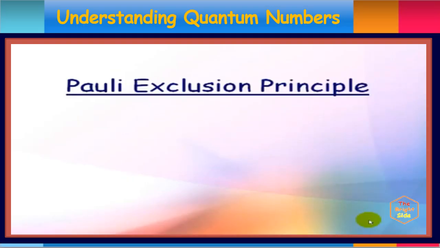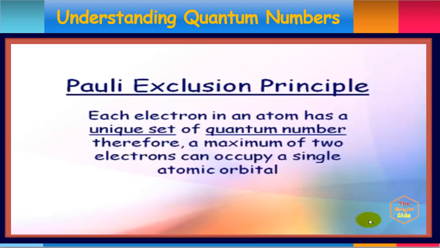To finish up our discussion on quantum numbers, I want to just briefly explain the Pauli exclusion principle. We already stated earlier on that no 2 electrons in an atom can have the same 4 sets of quantum numbers. That is actually called the Pauli exclusion principle. This principle states that each electron in an atom has a unique set of 4 quantum numbers.